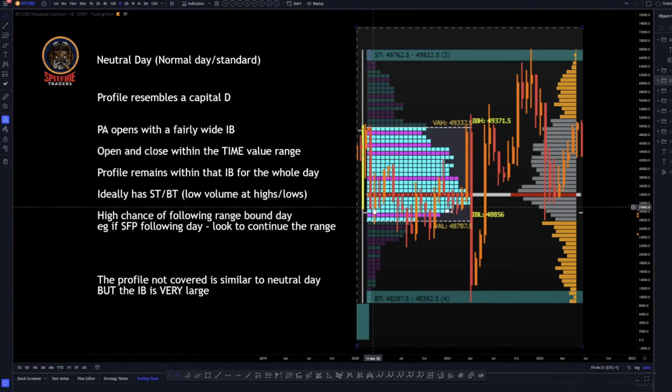So for me, there are only 5 profiles. The other one is very, very similar to this, and it effectively comes with the same outcome. It doesn't mean you get a trending day next or any other day next. It basically gives you the same outcome. The only difference is the initial balance is wider, so don't stress about that. I class them as the same thing. This is a wide initial balance.